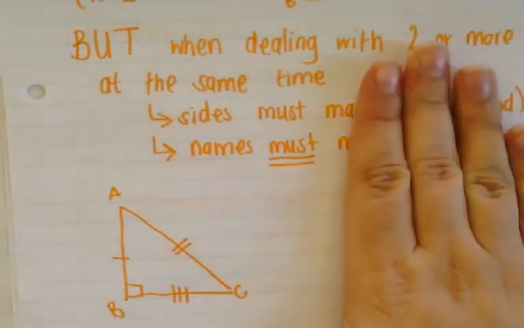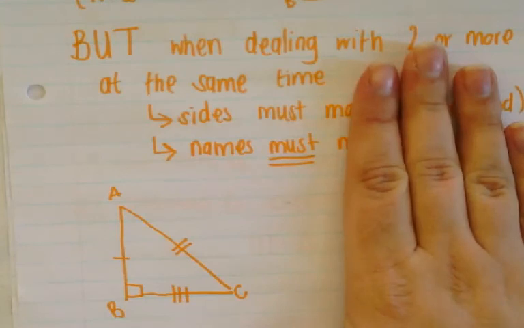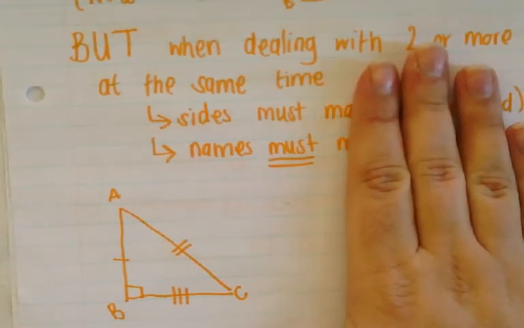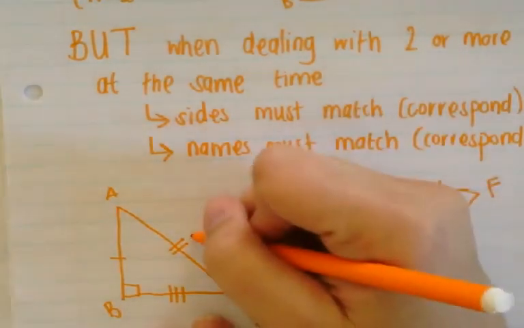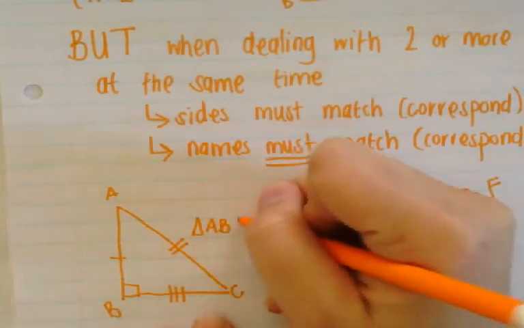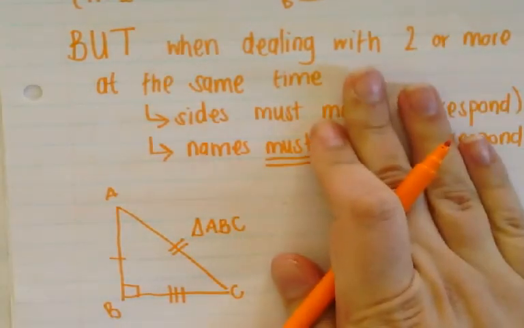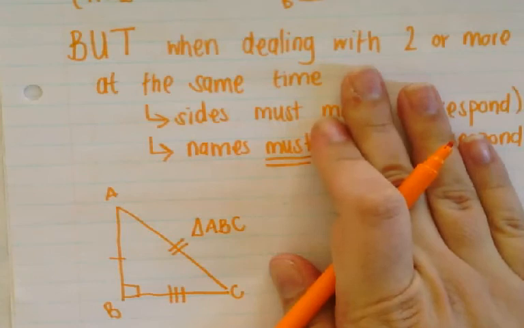So if I deal only with that first one, what would the conventional triangle name be? ABC, perfect. And that's exactly what we do. The first triangle we name conventionally. But now my second triangle must match my first one.